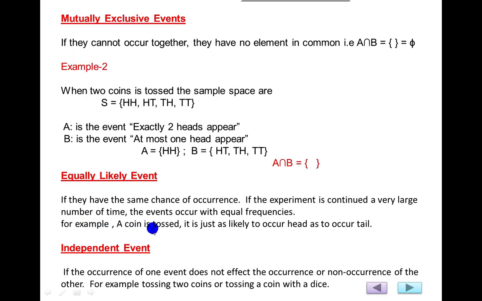For example, a coin is tossed, it is just as likely to get head as to get tail. Equal chance of occurrence. If you throw a coin, maybe head occurs, maybe tail occurs. You cannot say that first head will occur and second time tail. No. Equal chance. Maybe first head, maybe first tail.